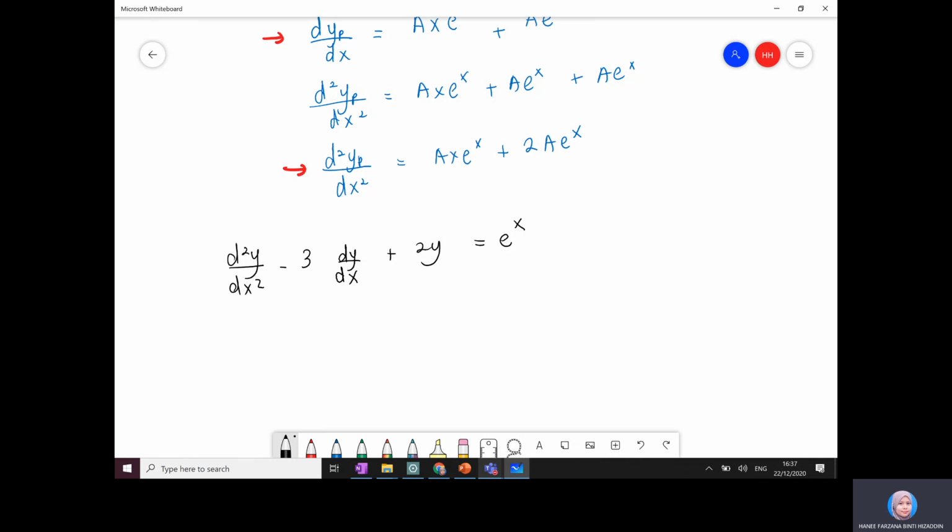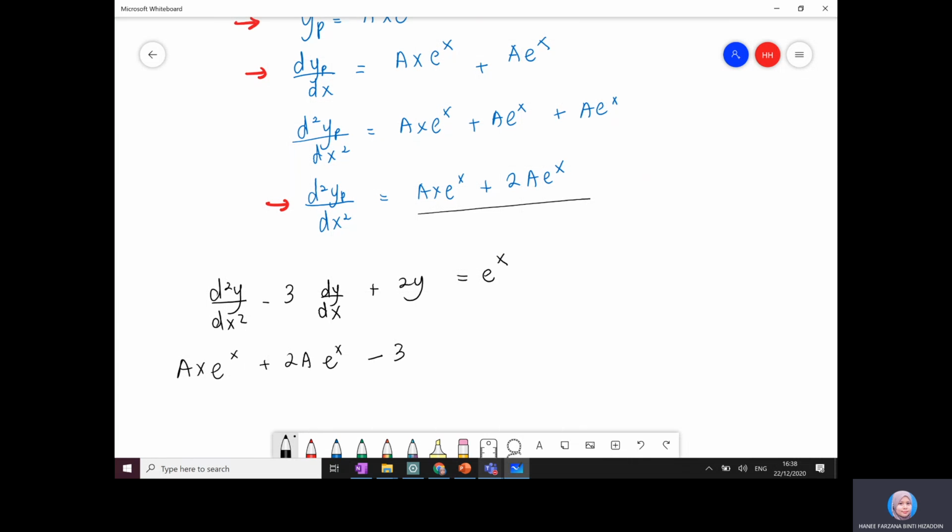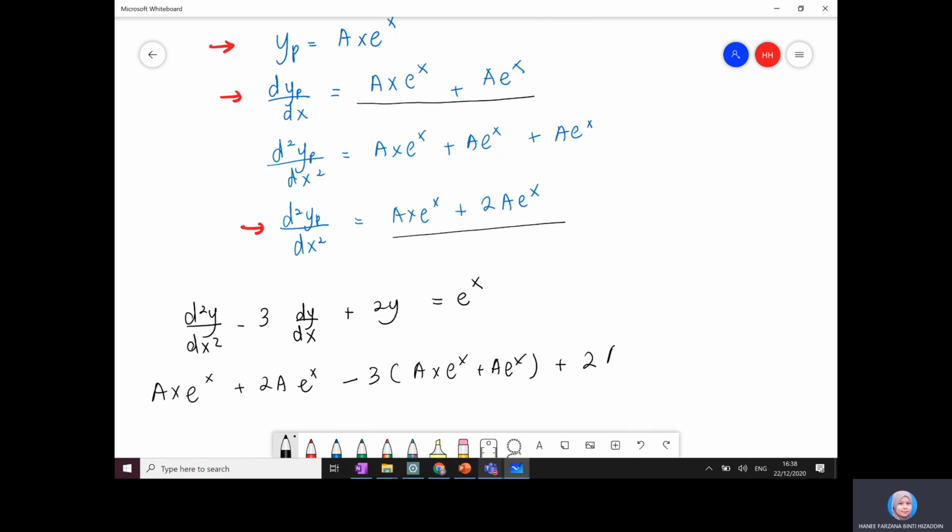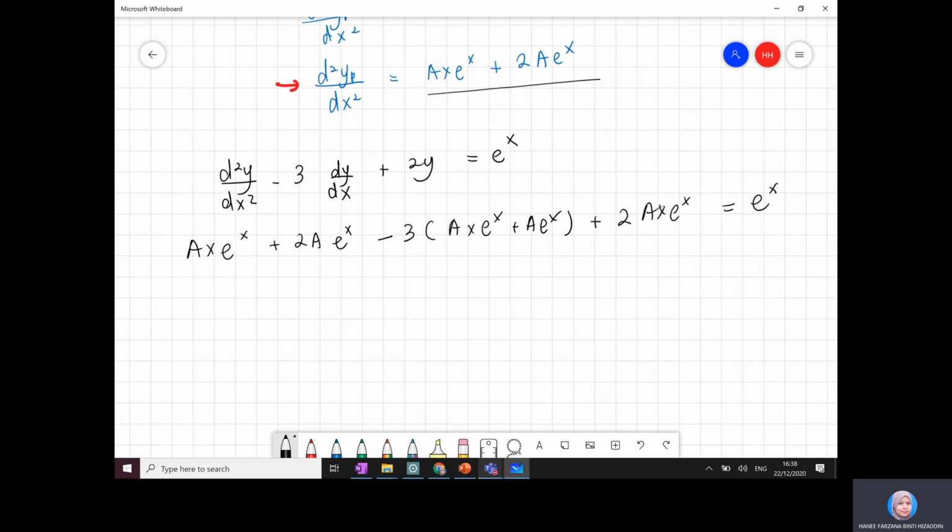So we put this into that. d2y/dx squared is this, so we put A x e^x plus 2A e^x. That is the second derivative of y, minus 3 times dy/dx. So dy/dx is this, so times A x e^x plus A e^x, plus 2y. So y is A x e^x, then equal to e^x.